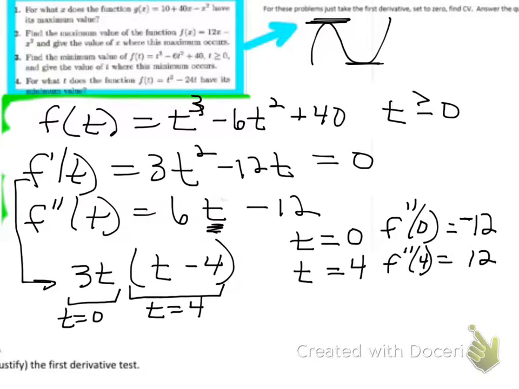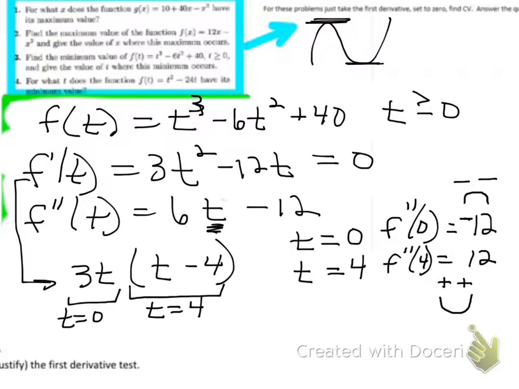All right, so the first critical value I tested gave me a negative second derivative. If I have a negative second derivative, that means the function at that point is concave down, which gives me a max. If I have a positive second derivative, which I do at 4, then my function is concave up at that point, and that gives me a min.